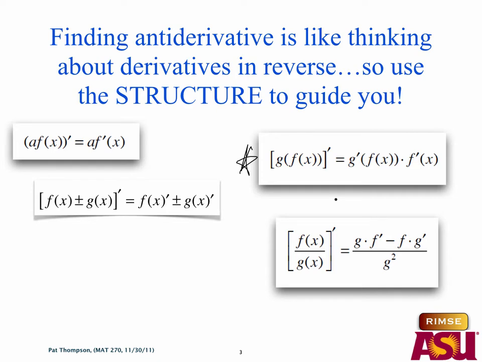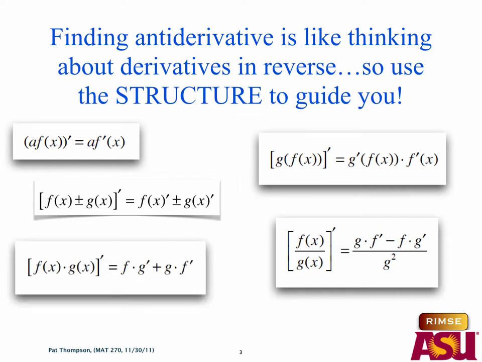So when I see a product inside an integral, my gut instinct is to think, maybe this came from a composition of functions, right? Because things that have derivatives that look like products were composition of functions to start with, okay? So this is what I mean when I say think about the structure of what you're looking at, okay?